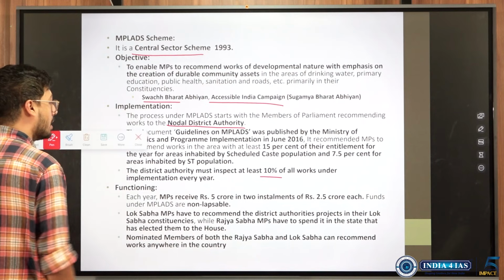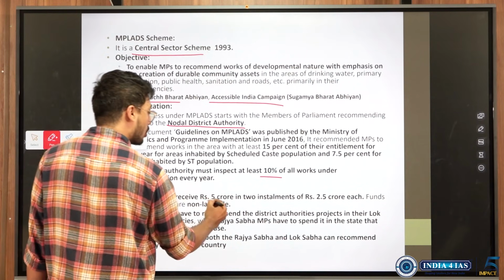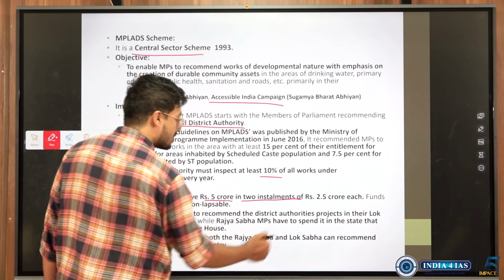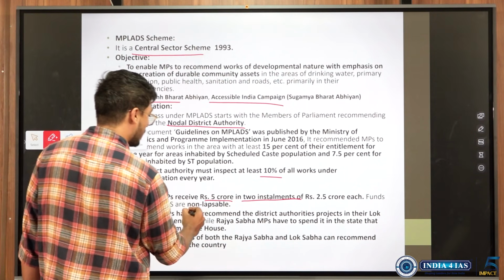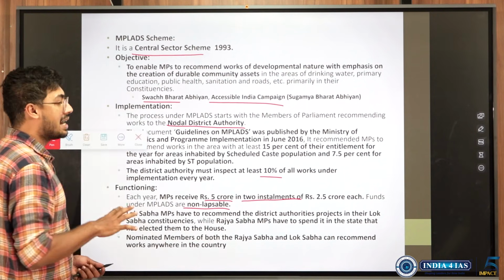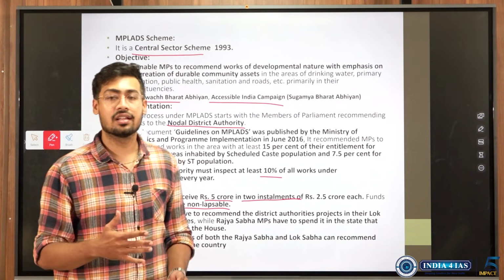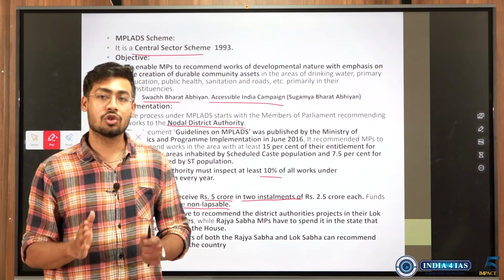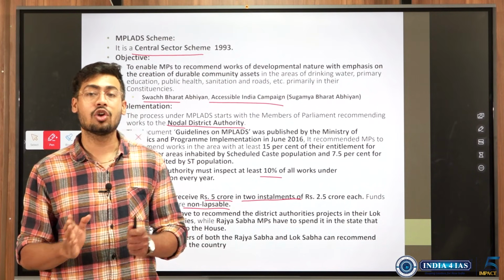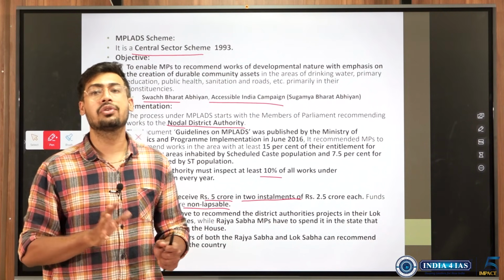So district authority must inspect at least 10% of the works. This is also fine. And in MPLADS there will be 5 crore which will be provided in 2 installments, 2.5 crore each, and it is non-lapsable. So in MPLADS there is 5 crore each year that MP will recommend for works in his constituency or outside. So Lok Sabha MP, Rajya Sabha MP and the nominated MP, each of these have different jurisdiction.